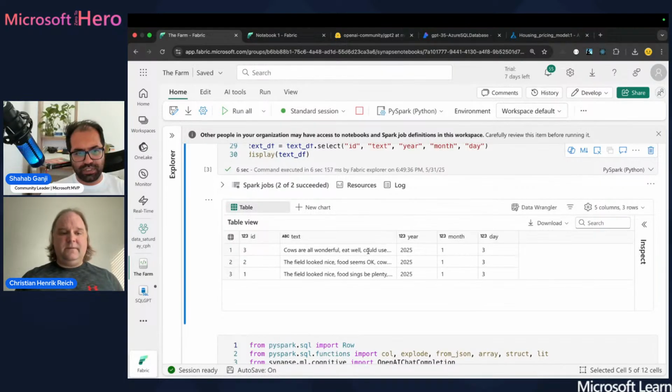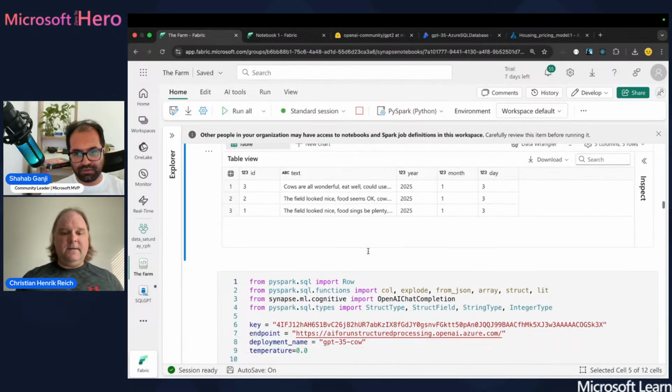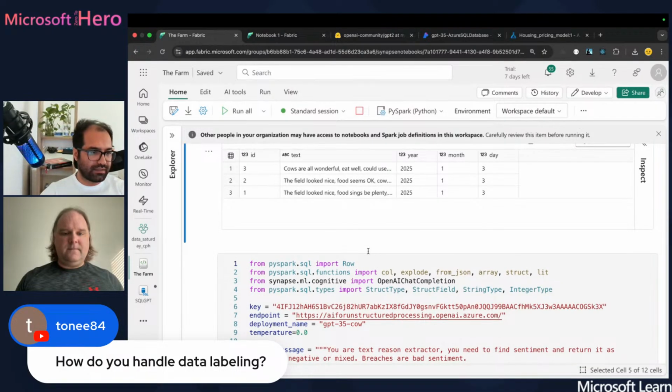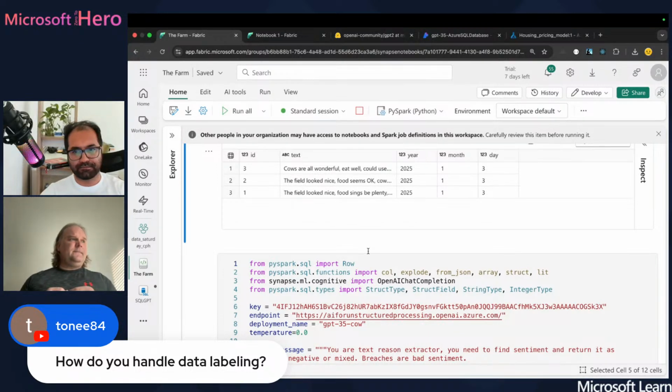Christian, we have a question which might be relevant at the moment. Tony, if I'm pronouncing correctly, asked, how do you handle data labeling? Data labeling? That's a good question. I can do it with AI as well. I don't have a good solution. It depends on the case. I'm a consultant, so to say that.